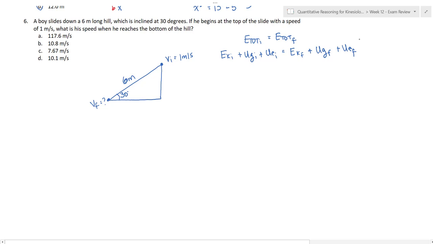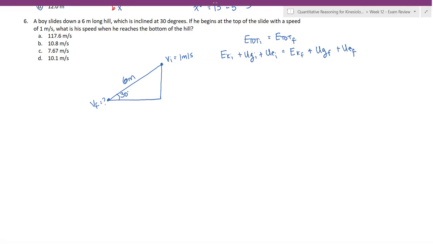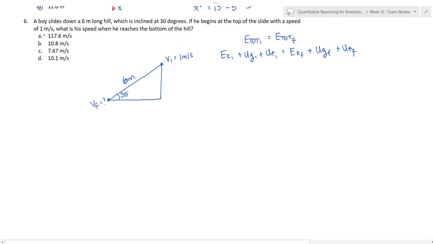Okay, so now let's take a look at all the values that we know. Before we can do anything with gravitational potential energy, we need to define our reference height. So let's say down here, the bottom of our image is where the height is 0. So then that means that the initial height of the object, of the boy, is this height over here. Well, how do we get that height?